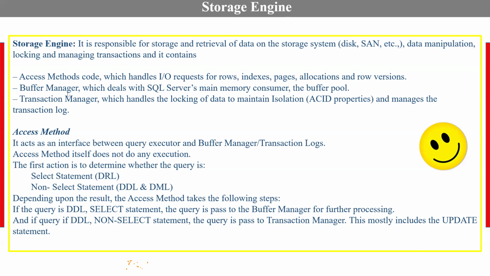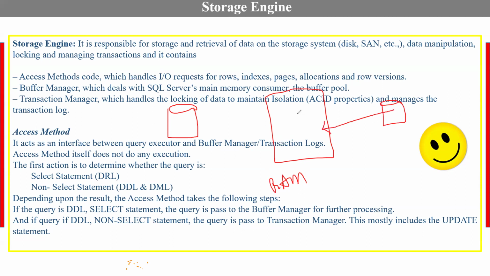See, sir, this is your database. This is your buffer. Buffer is nothing but RAM. This is your access method. Your access method sends a request to the buffer manager. Buffer manager is nothing but RAM, sir.